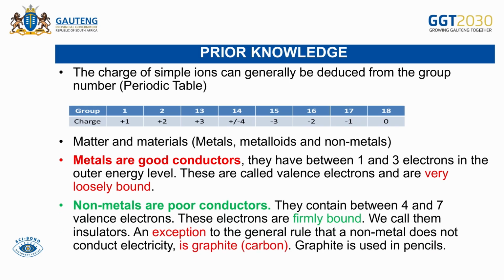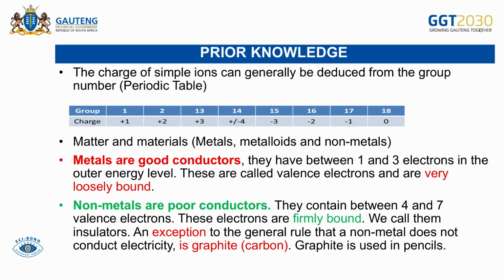Also, we did go into detail to define what a nonmetal is and how we can recognize a nonmetal. We said nonmetals are poor conductors of heat and electricity. They contain about 4 to 7 valence electrons. Okay, these electrons are firmly bound, meaning that they're unable to move around very easily. Okay, so that is why you'll find that your nonmetals don't have those valence electrons that are loosely bound.